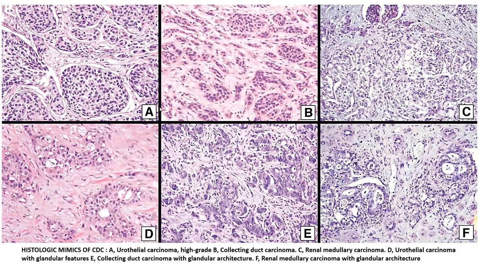Depending upon the histology, it could have a solid appearance or an appearance wherein you have atypical infiltrative glands. In both the cases, solid or glandular pattern, urothelial carcinoma and a renal medullary carcinoma, that is the SMARCB1 deficient renal medullary carcinomas, are important differential diagnoses of collecting duct carcinomas.